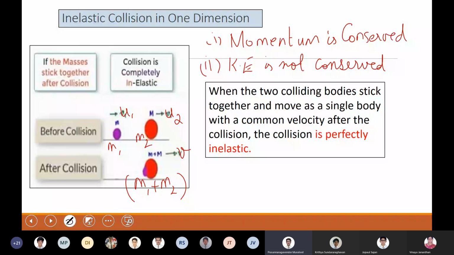Should we write this? Yes, you have to write. In inelastic collision, momentum is conserved, kinetic energy is not conserved. Perfectly inelastic collision is that after collision, both the bodies will stick together and move with a common velocity as a single body.